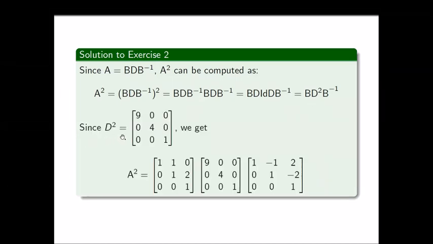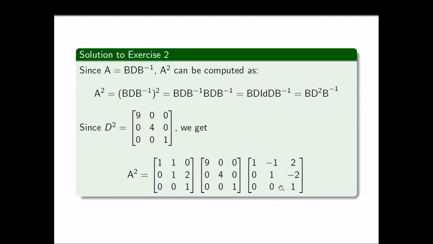Since D was the diagonal matrix with entries 3, 2, and 1, D squared is going to be a diagonal matrix with entries 3 squared, 2 squared, and 1 squared. We already had our matrix B and B inverse, and we just computed our D squared. So A squared can be computed by taking the product of these three matrices.